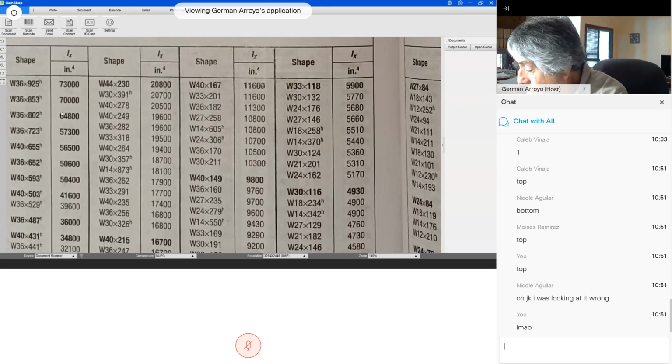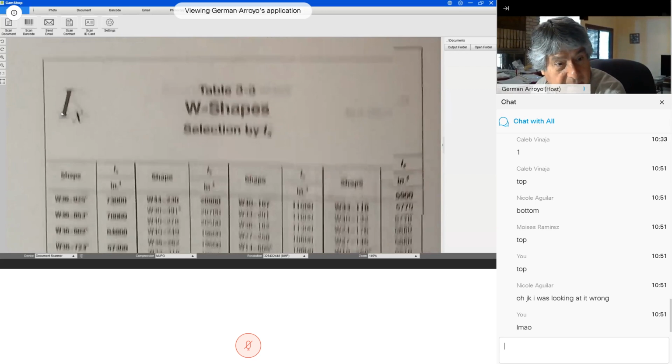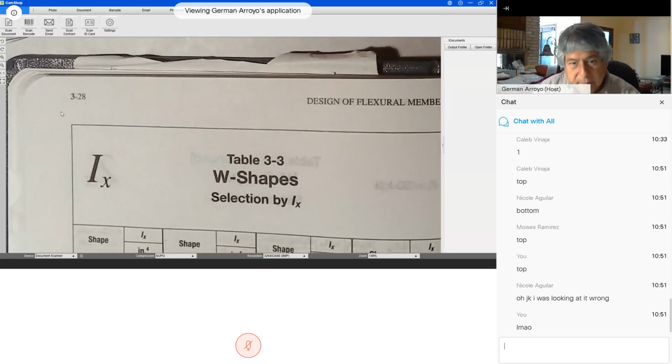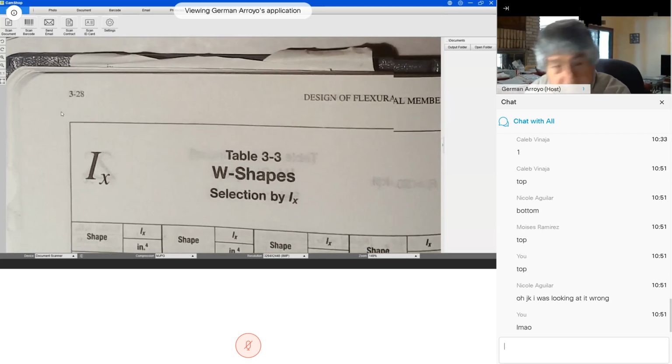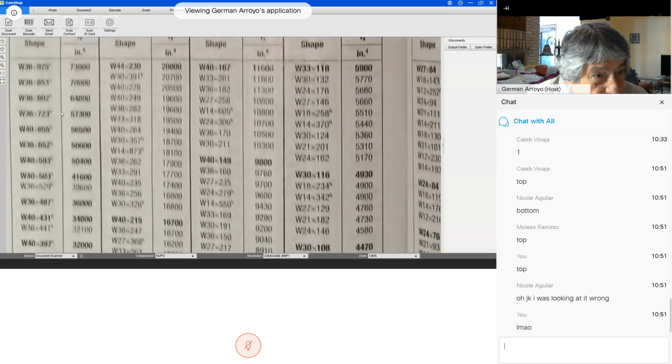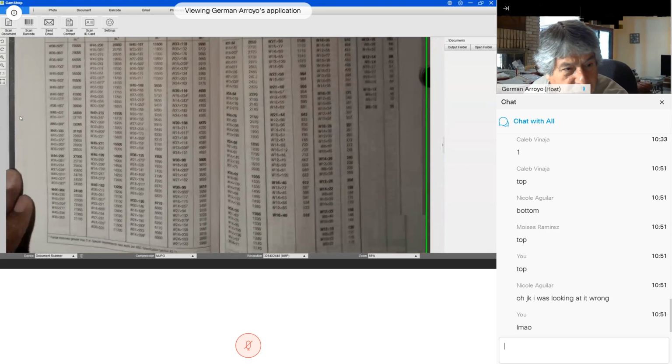I know I'm out of time, but I want to show you the next thing on page 3-28. And this table, I want to look at this group in here.